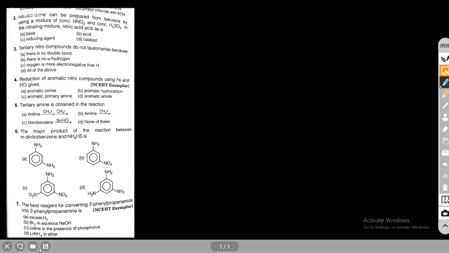Why is it A, Ramcharan? White is A. Oxidizes.